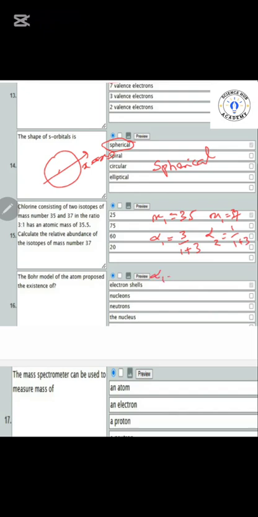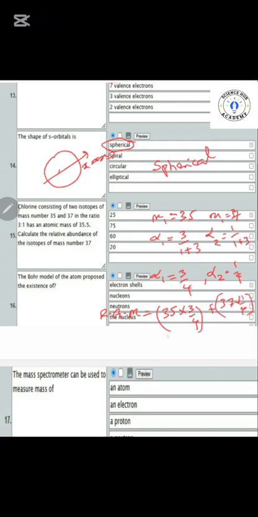So my alpha 1 is therefore 3 over 4, and my alpha 2 is 1 over 4. So the relative atomic mass therefore becomes M1 alpha 1, which is 35, multiplied by alpha 1, 3 over 4, plus M2 alpha 2, that is 37, multiplied by 1 over 4.